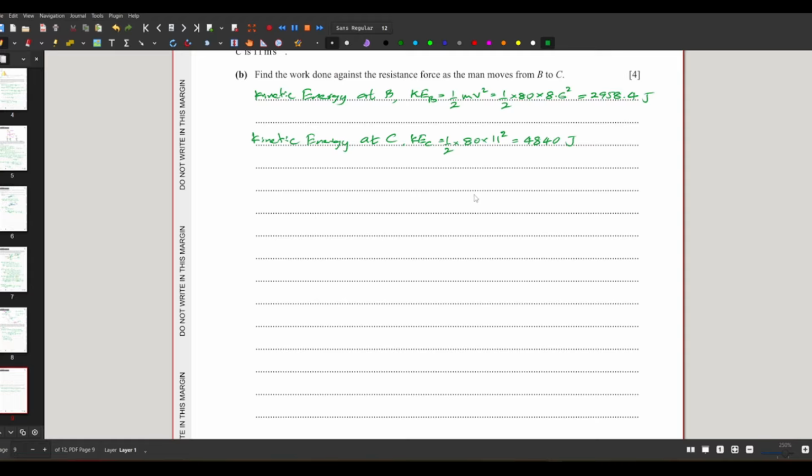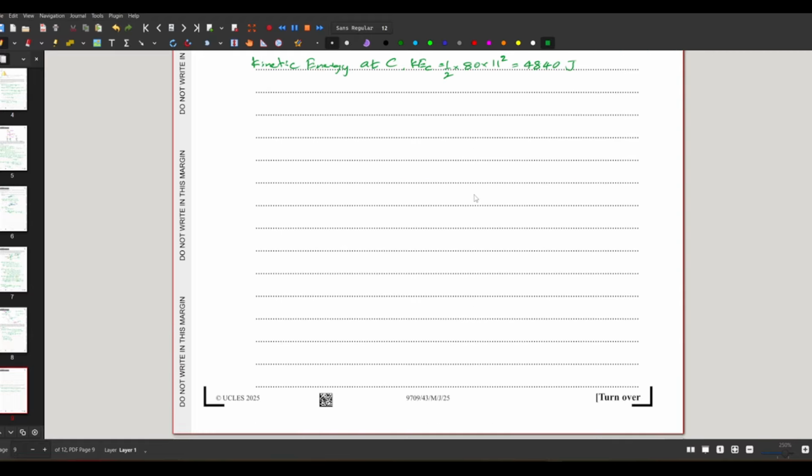Then potential energy. Potential energy at B equals mgh, mass, acceleration is 10, and the height was 25.